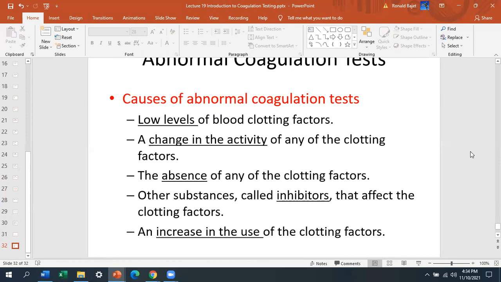If you're congenitally missing a factor, like in von Willebrand's or hemophilia, those patients are actually missing factors, and that will cause a prolonged clotting time. Inhibitors: you can have all your factors intact, but inhibitors will cause prolonged times. An increase in the use of clotting factors can also cause abnormal coagulation times.